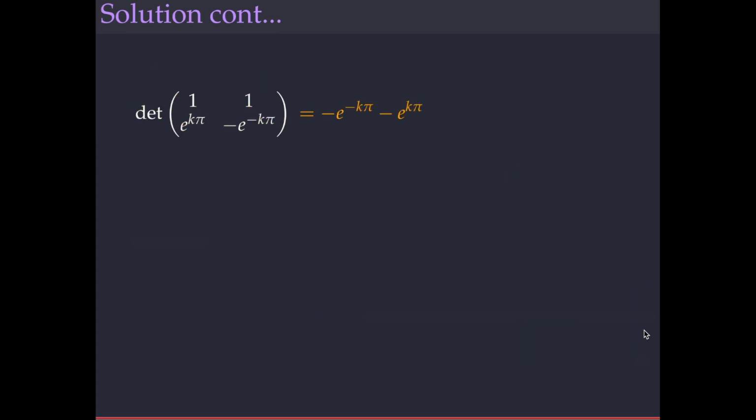What is the determinant? That's nothing but minus e to the power minus k pi minus e to the power k pi. Taking minus as common, this is e to the power k pi plus 1 by e to the power k pi. Both are positive, so this is non-zero.